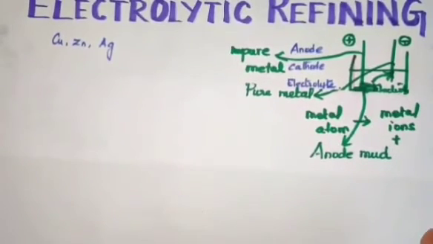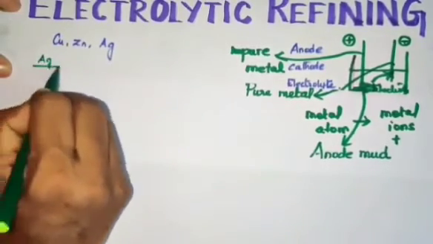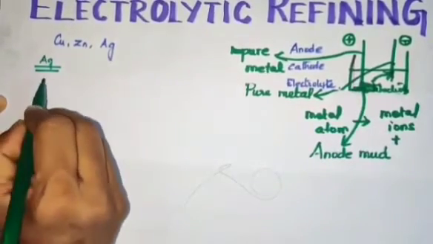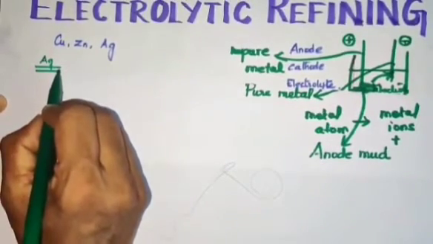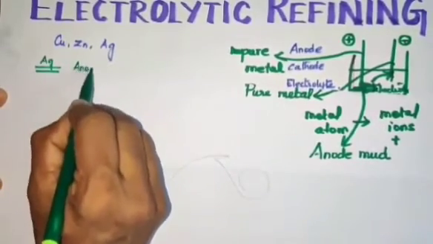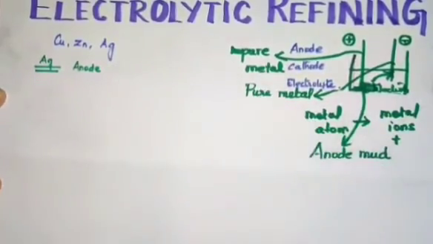Let us understand this process by considering the electrolytic refining of silver as an example. First, let's set up the electrolytic cell of silver. We need an anode.